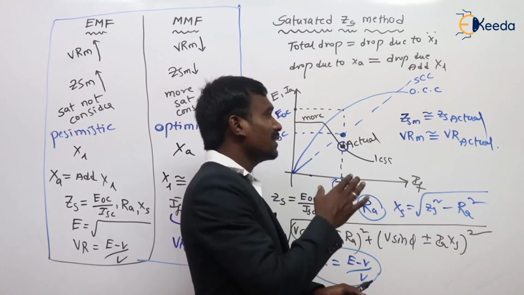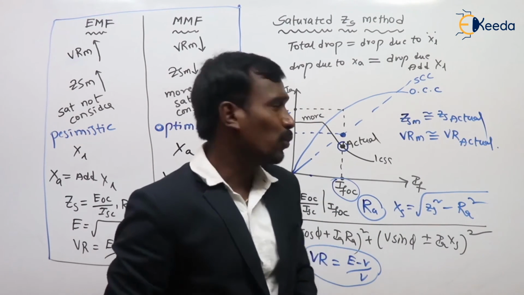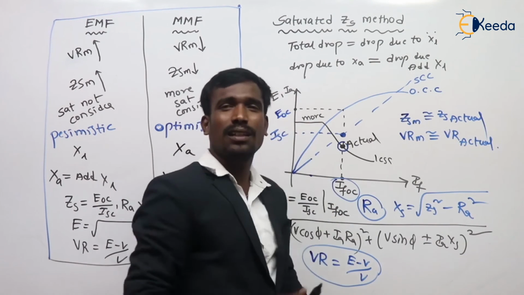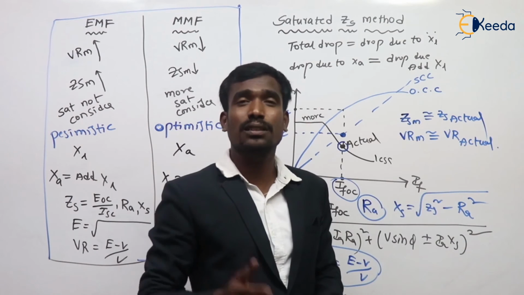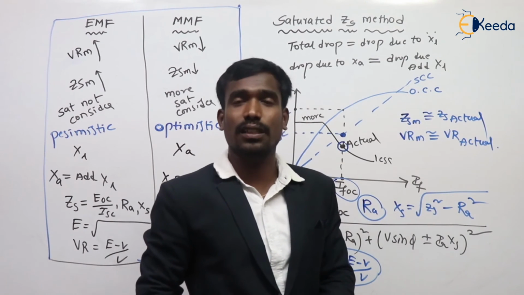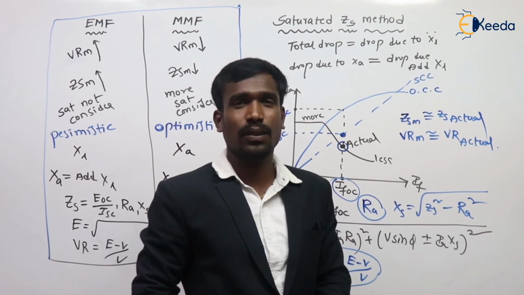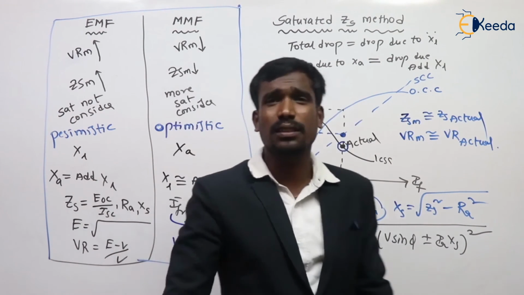So the measured voltage regulation is good and the measured impedance is good. We are getting nearly equal answers, but we don't know the separate drops, or the percentage of separate XL and XA, even though armature resistance is neglected. So this is the saturated synchronous impedance method.